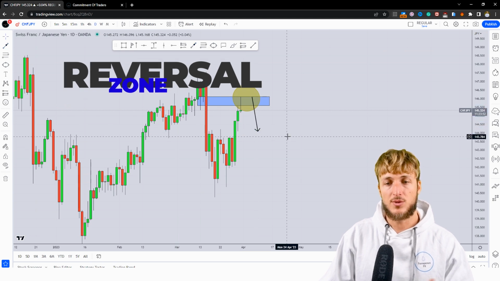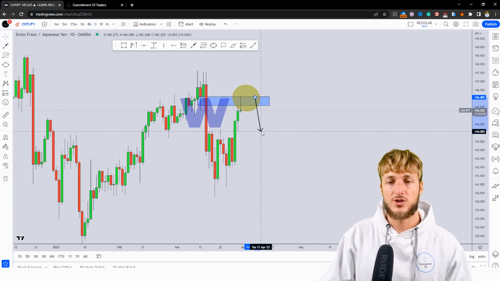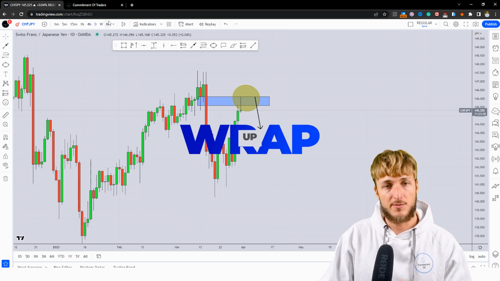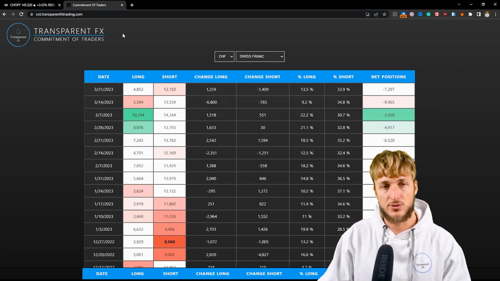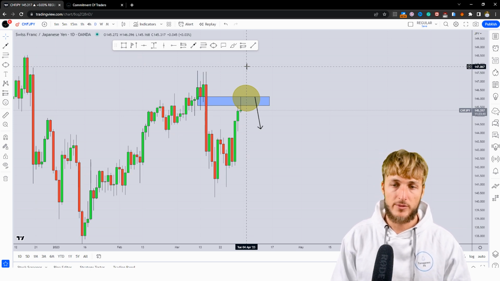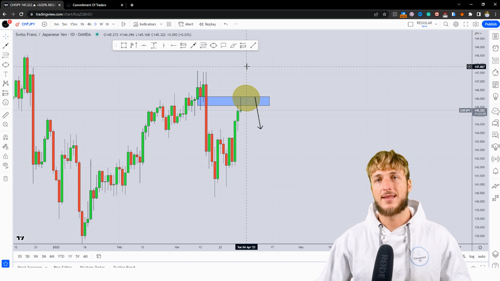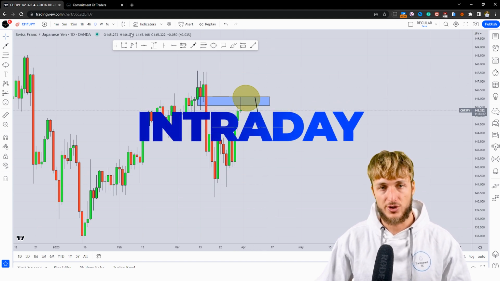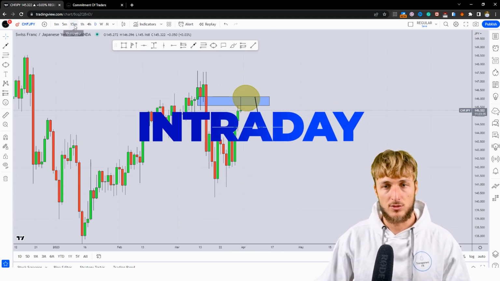So how we could be approaching this now, as usual, trading is reactive and not predictive. The monthly, weekly, and daily combined with the COT data, those are the best time frames from a directional perspective. However, when it comes to confirmations and entries, the best time frames are the intraday time frames. So for our entries, the one hour and lower.